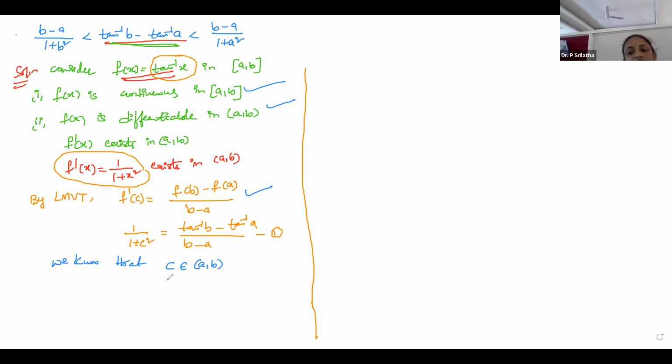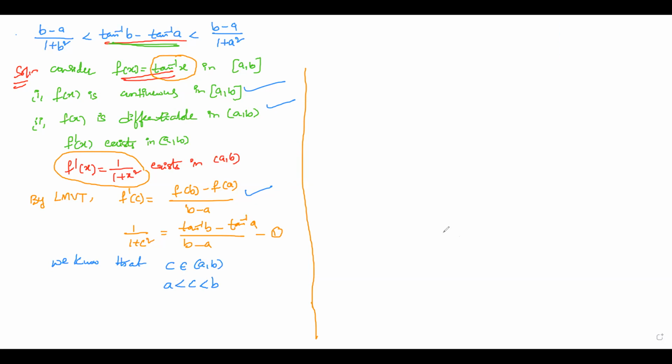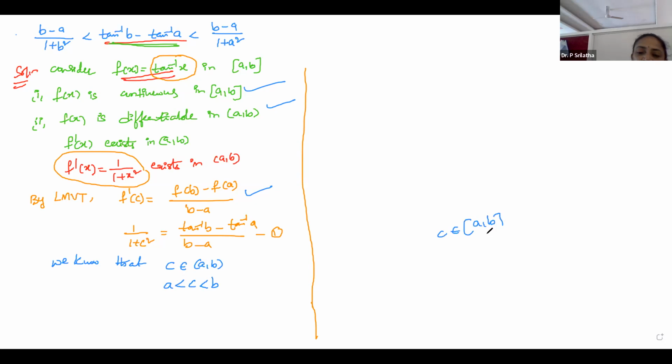How can you write it? a is less than c is less than b. Very good. So c belongs to the open interval a comma b is nothing but c always lies between a and b. If we have c belonging to a closed interval a comma b, we would write less than or equal to.